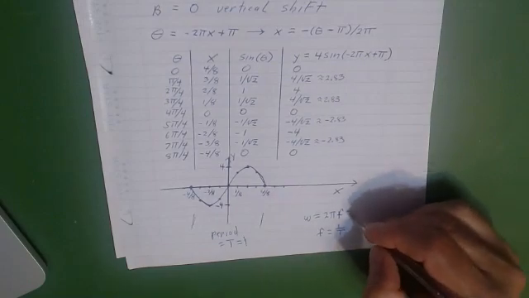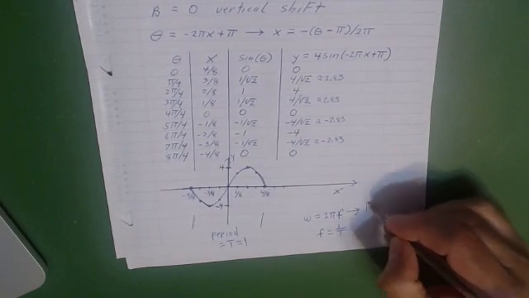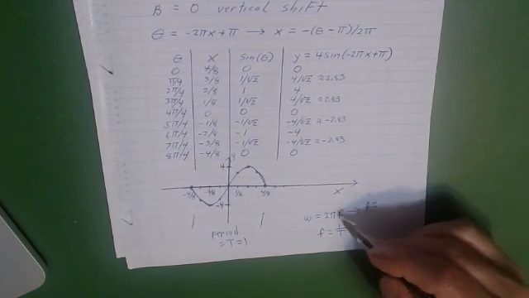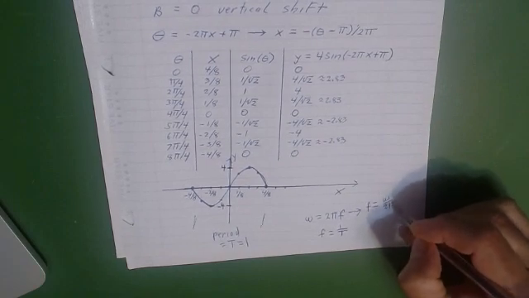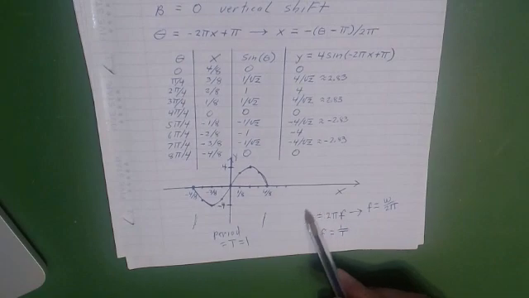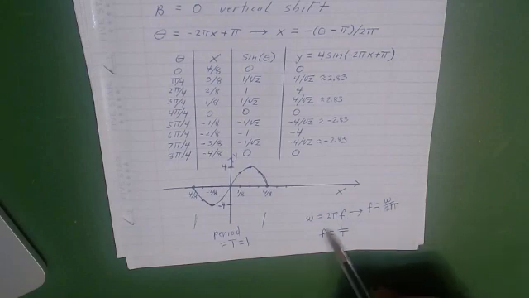From this equation, if we solve for f, it's omega over 2 pi. And f is 1 over the period.